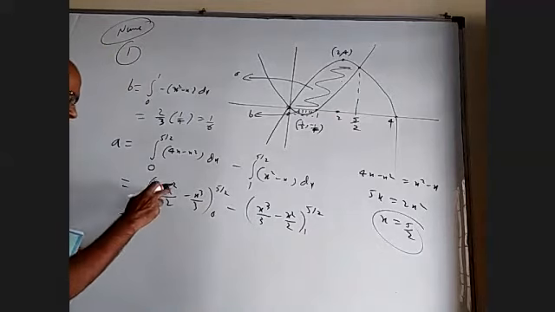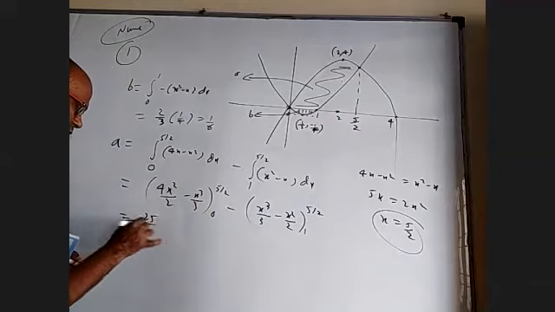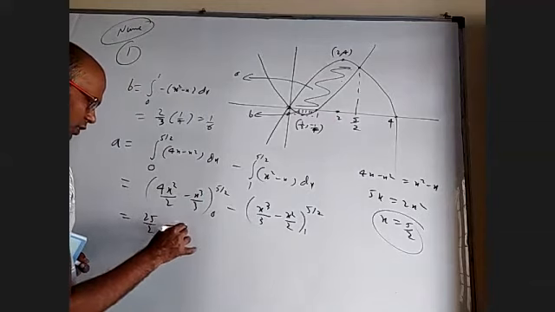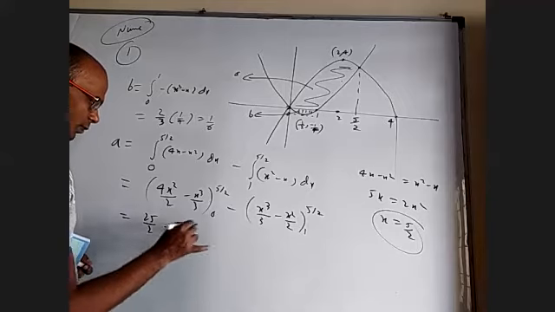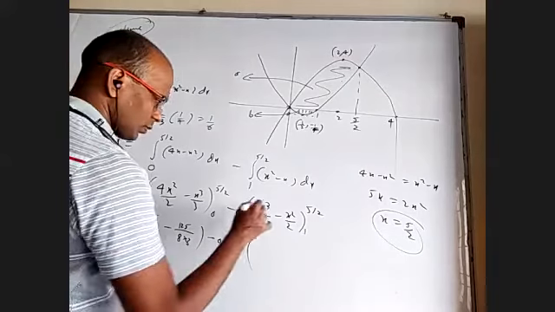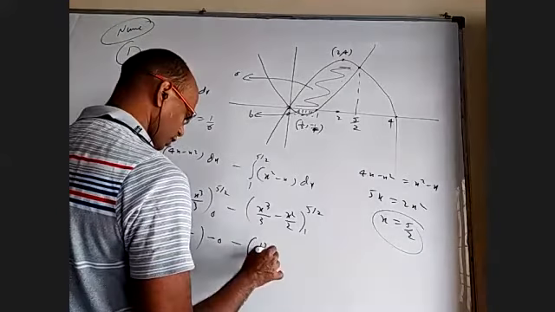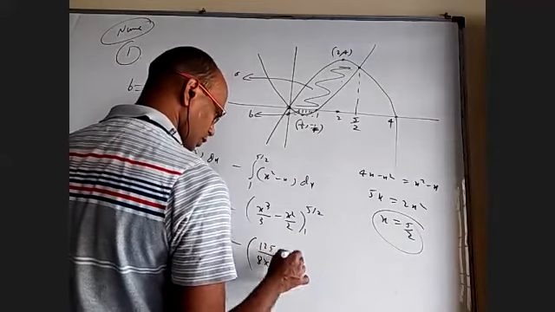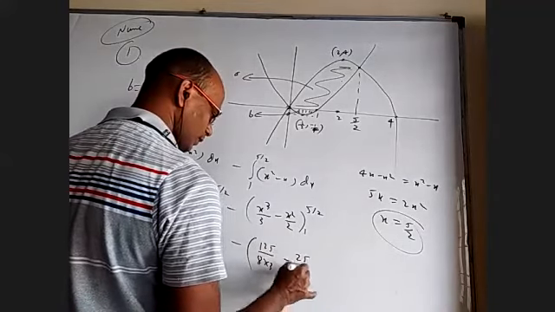And I put 5 by 2: it is 25 by 4, so 25 by 2. Here 125 by 8 into 3. At 0 it is 0. Here when I put 5 by 2, 125 by 8 into 3, and here 25 by 8.